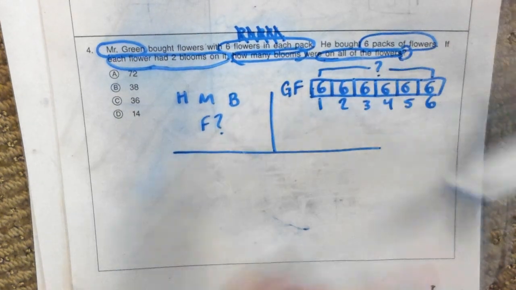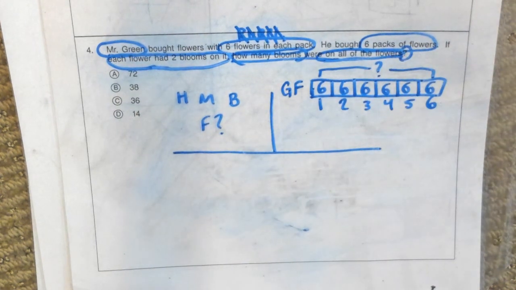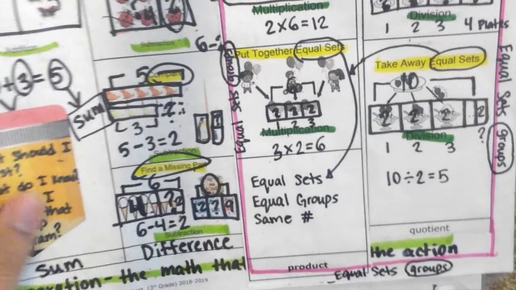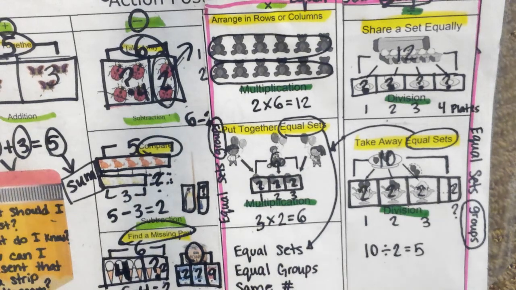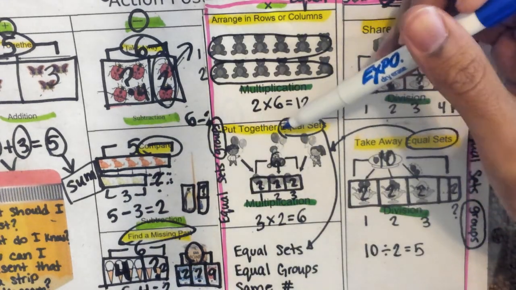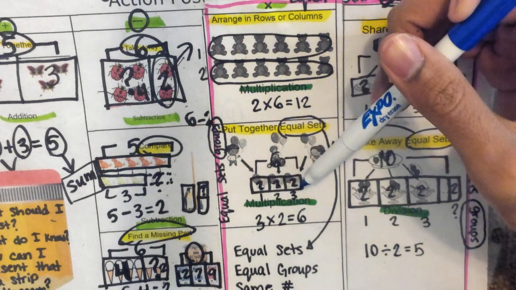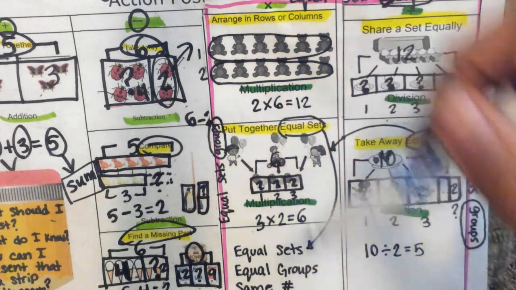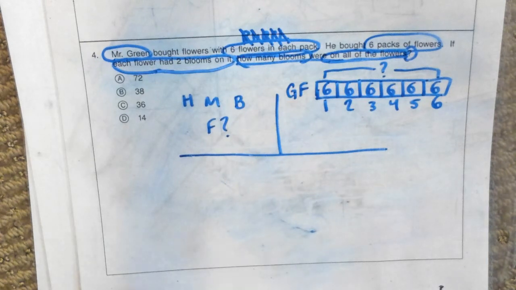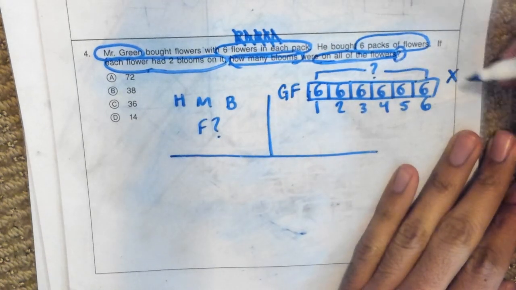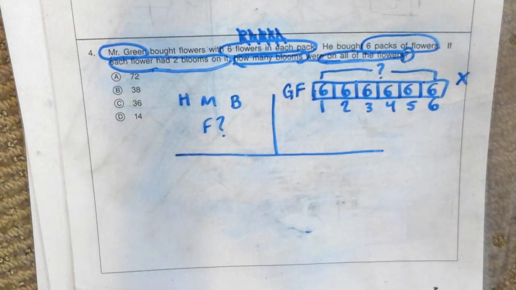So now that we've drawn our first strip diagram, let's go ahead and match this up with something on our action poster. Let's match it up with a yellow action word. It matches with put together equal sets because we see the same number coming together again and again and again. And the operation for that is multiplication. So let's write our clue off to the side, and now let's write our number sentence.